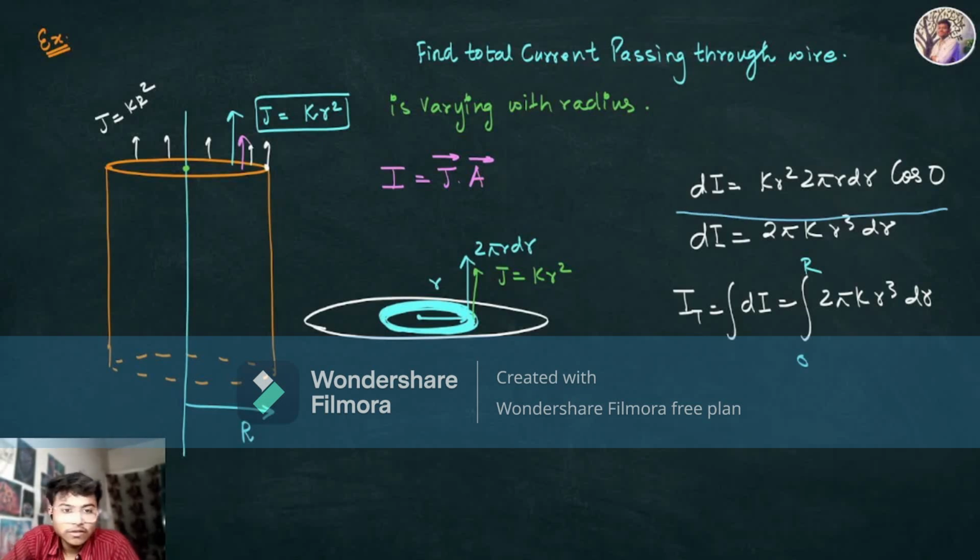We know J is equal to kr and I is equal to J dot A. So we have J into A, 2 pi r dr cos theta. So we will integrate dI only from 0 to R position. Okay, so we will get the current.